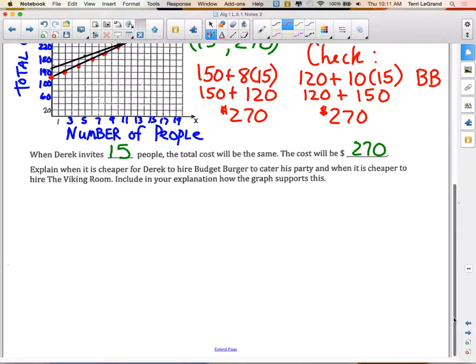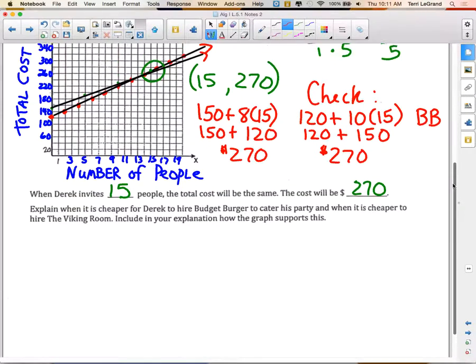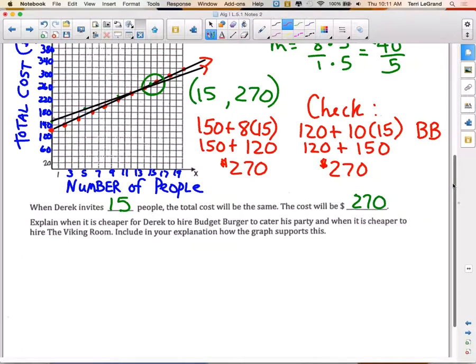When is the cost cheaper? Is it at Budget Burger or Viking Room? Because remember, at 15 guests, it's the same. So let's go look at our graph here. Right here, this is when it's the same. Look at before that. Which line shows cheaper cost, the higher one or the lower one? The lower one. This is as it's going up. That's the money part.